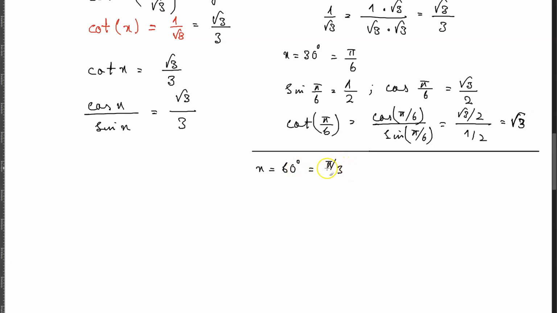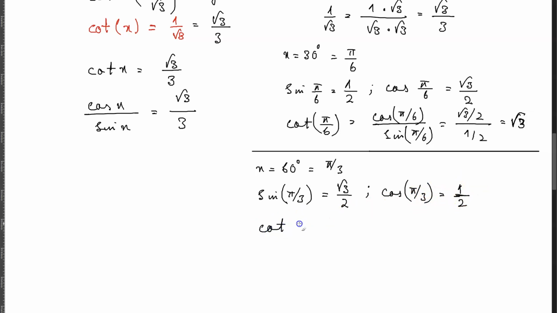Pi by 3. So what that means is that I know that the sine of pi by 3, which is equal to the sine of 60 degrees, is equal to square root of 3 by 2. And also I know that the cos of pi by 3 is equal to 1 by 2.